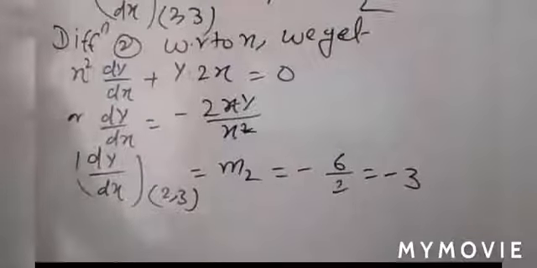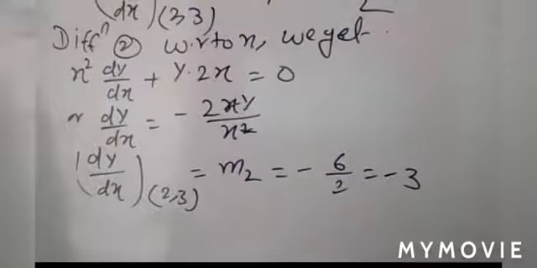Any doubt, beta? Now you apply the formula of tan theta, putting all those values and trying to solve it. Here you take the modulus value, the positive value.